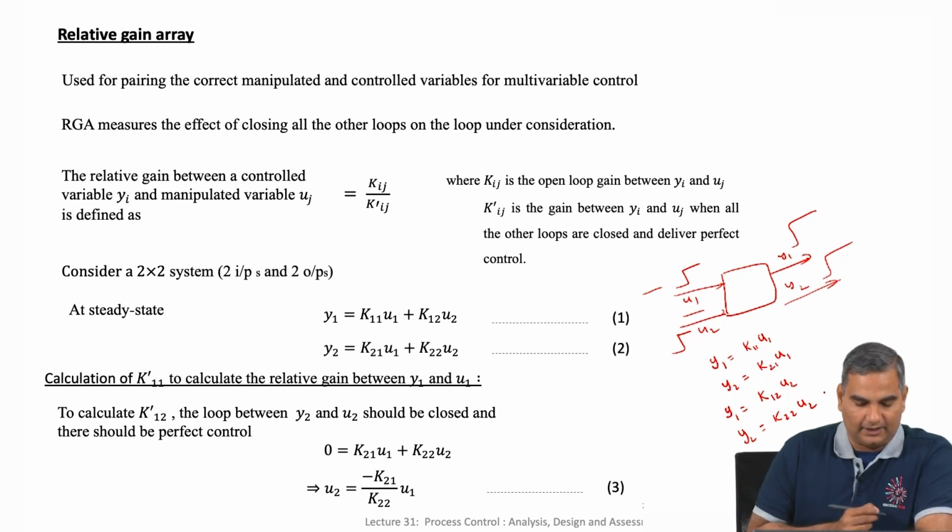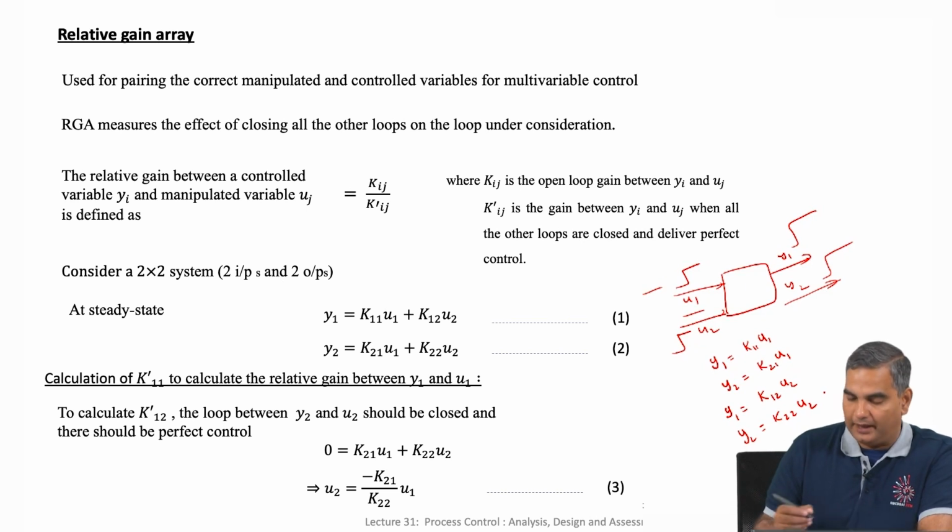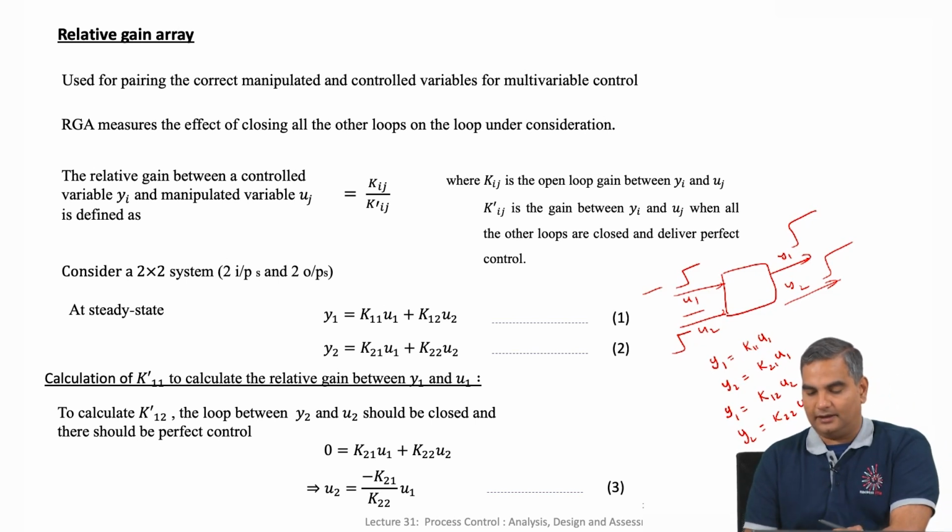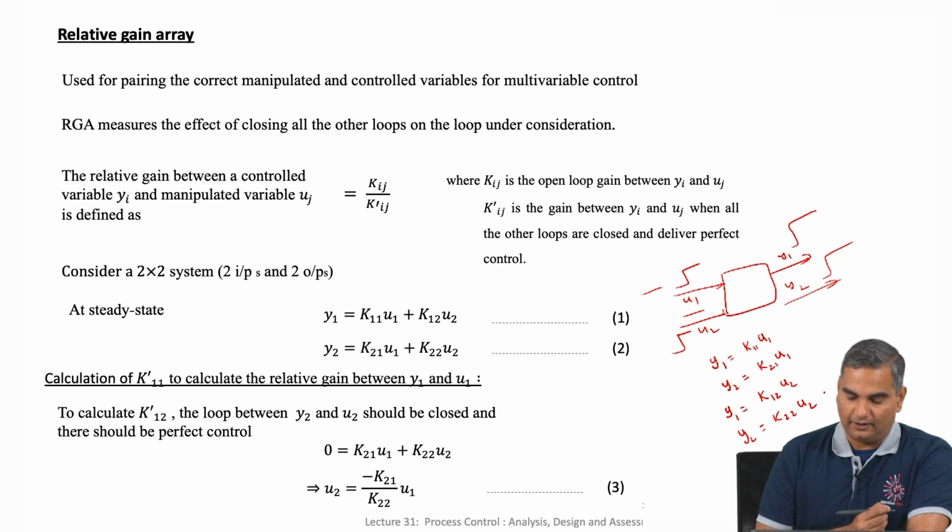In this case, what we are going to do is look at how we pair this u and y and what is the best pair that we can come up with, by looking at these steady state gains, and for this 2 by 2 case I have already defined these 4 steady state gains.